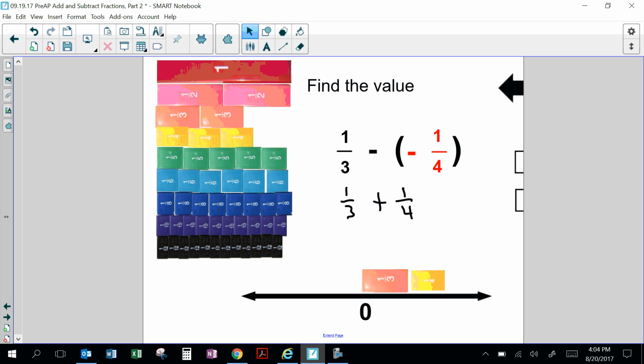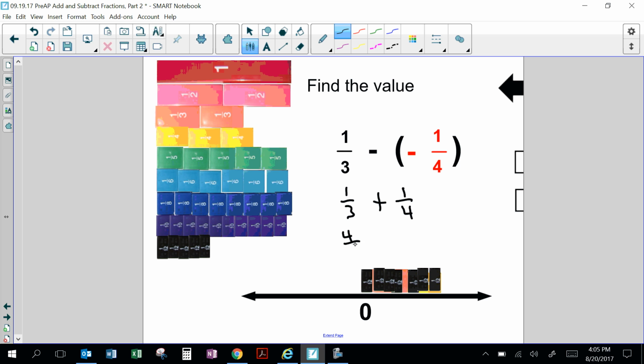Can we rename 1/3 and 1/4? What do they share in common denominator? I believe they share the 12. So 1/3 can be 4/12, and 1/4 can be renamed as 3/12. So this is 4/12 plus 3/12 is 7/12.